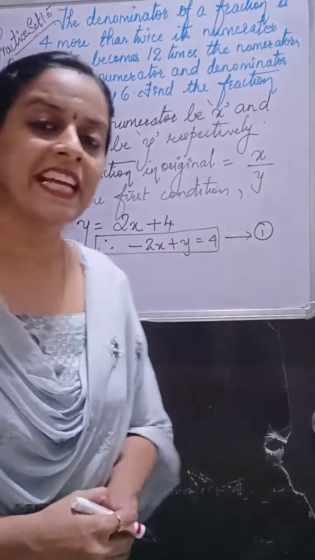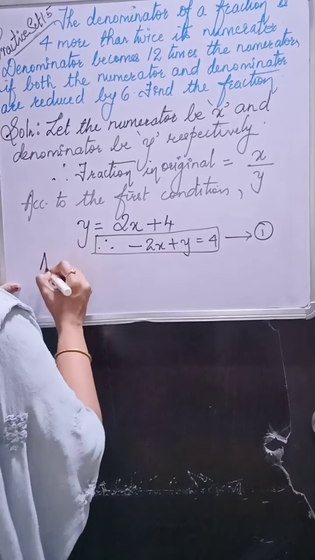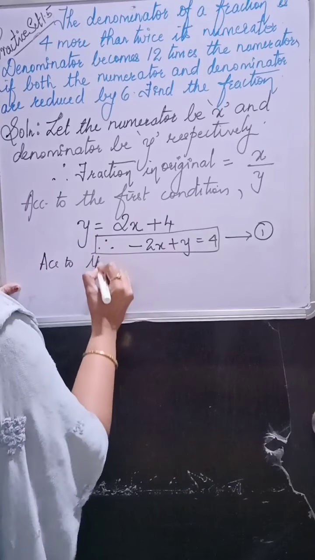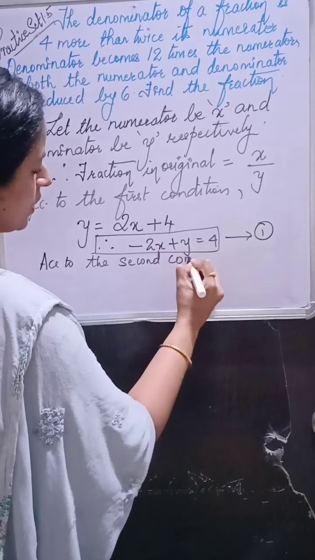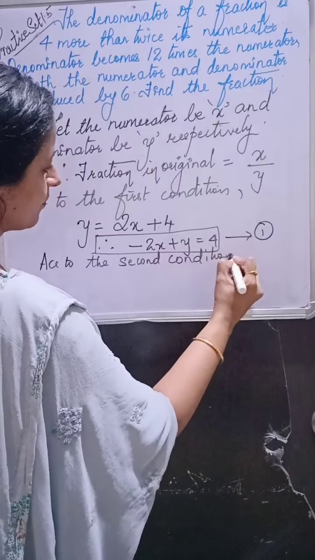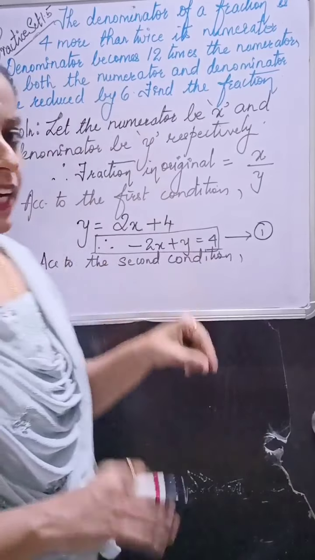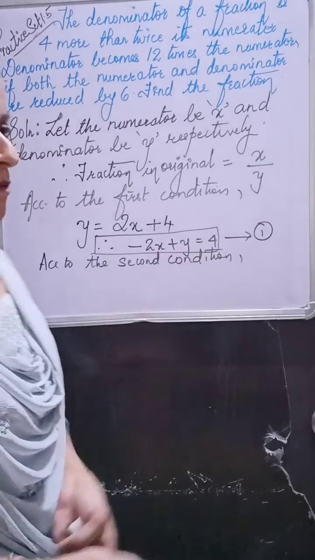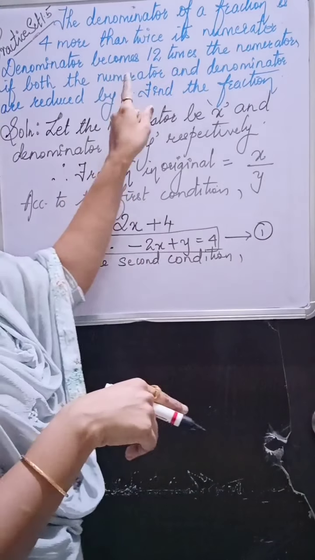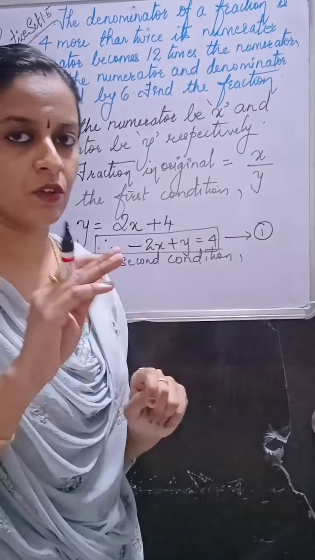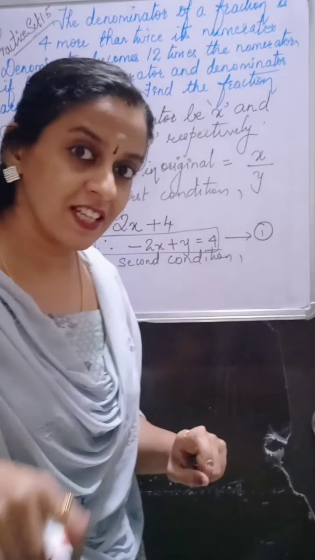Now we will read the second condition and get equation number 2. According to the second condition, what is the second condition? Denominator becomes 12 times the numerator. Denominator is y, numerator is x.